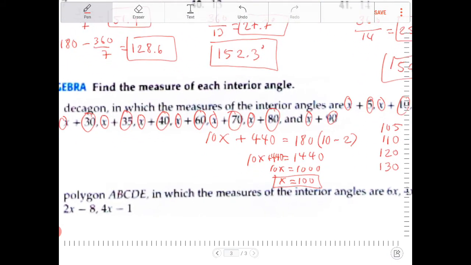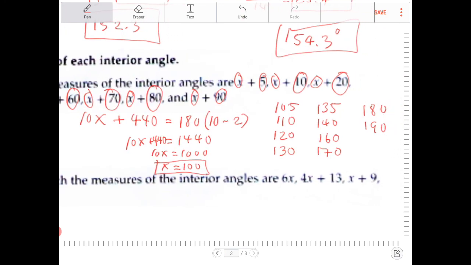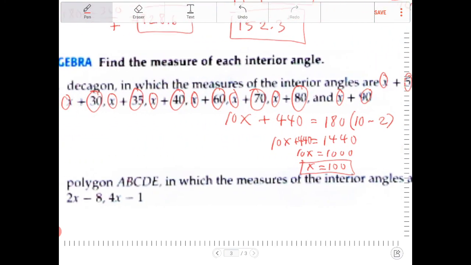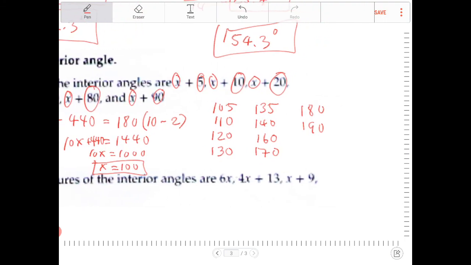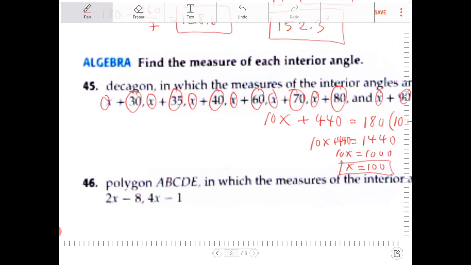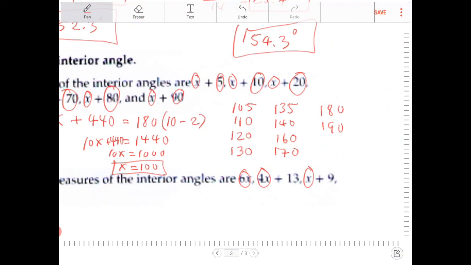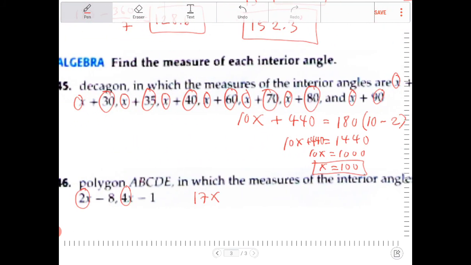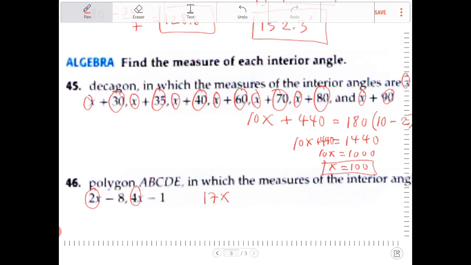All right. Polygon ABCDE, in which the measures of the interior angles, again, very similar. So I'm going to add this up. So 6x plus 4x, that's 10x, 11x, 13x, 17x. Okay, 13 plus 9 is 22. 22 minus 9 is 13.